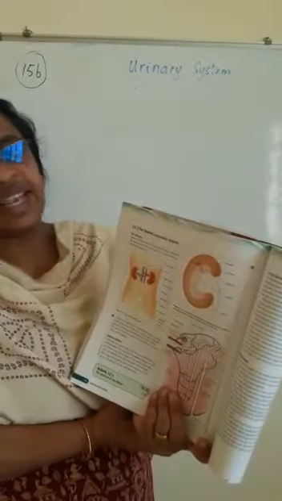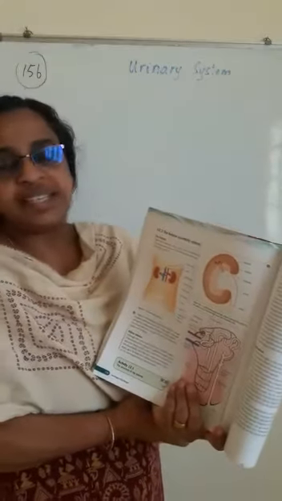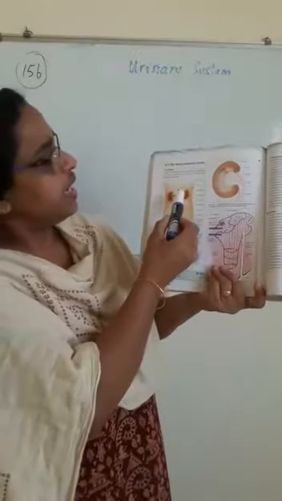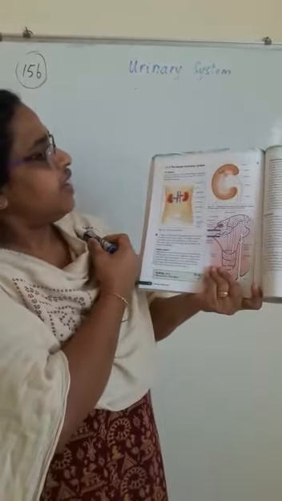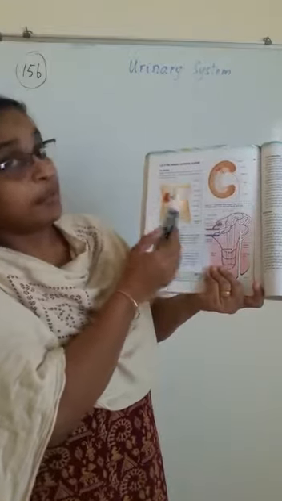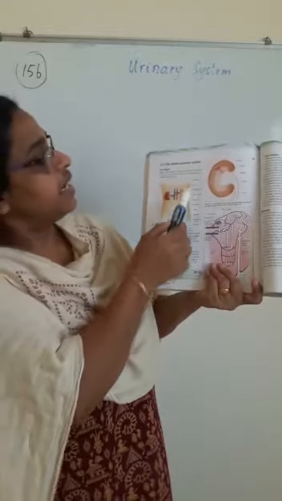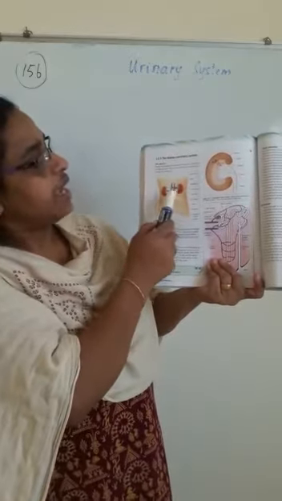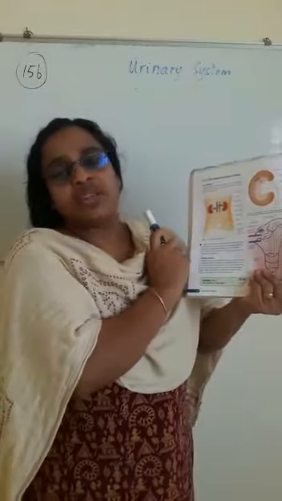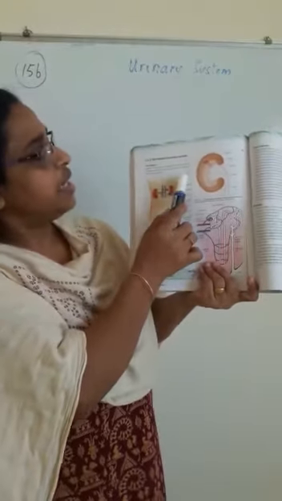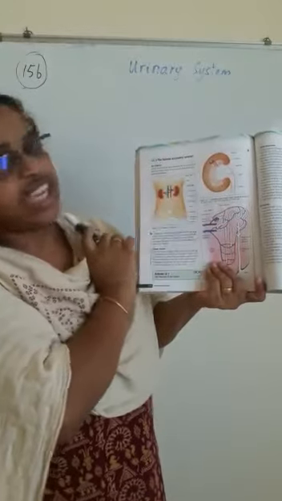It is known as the renal vein, which is taking the deoxygenated blood from the kidney. The renal artery is supplied oxygenated blood from the main blood vessel, that is the aorta, and the deoxygenated blood from the renal vein goes to the main vein, that is the vena cava.